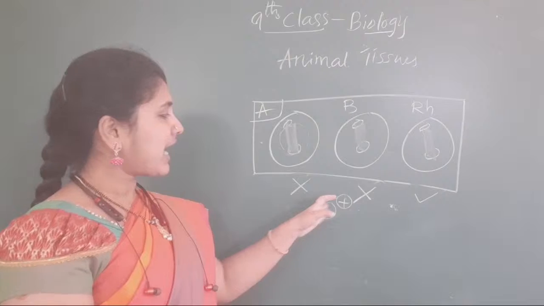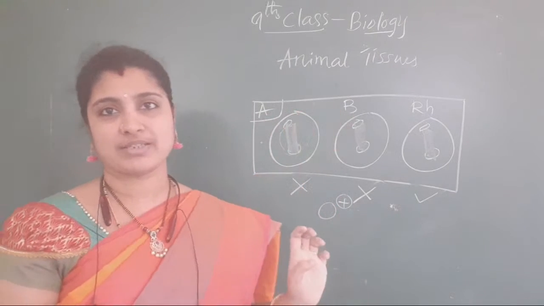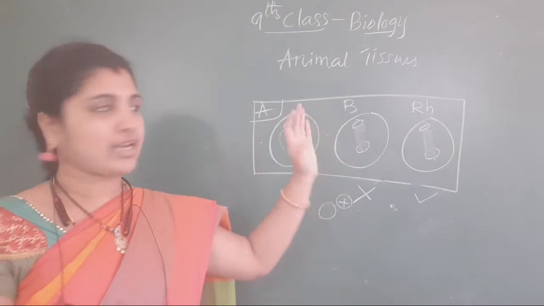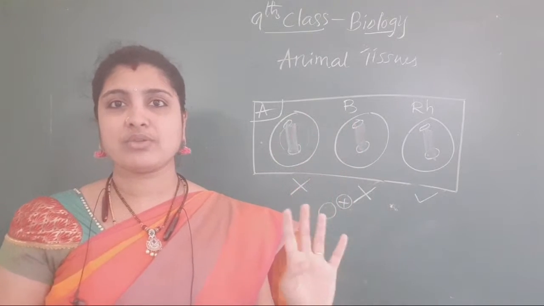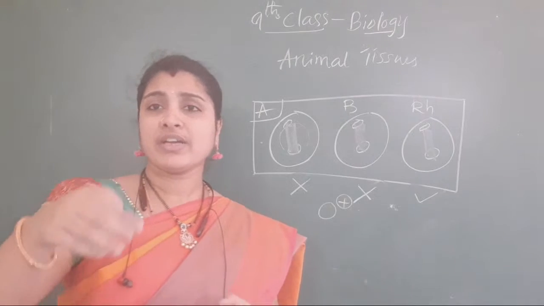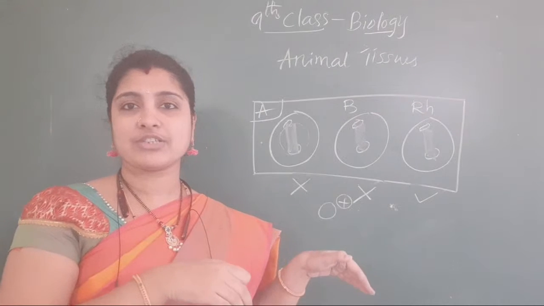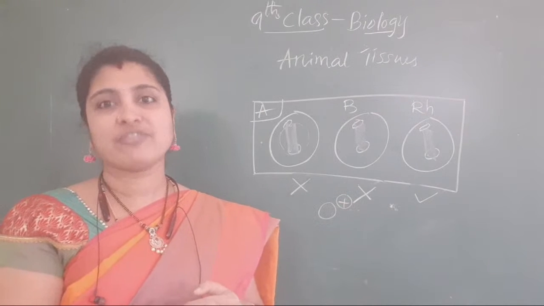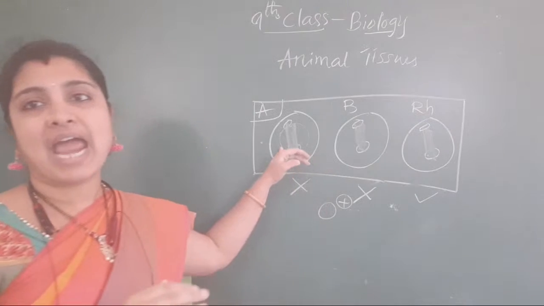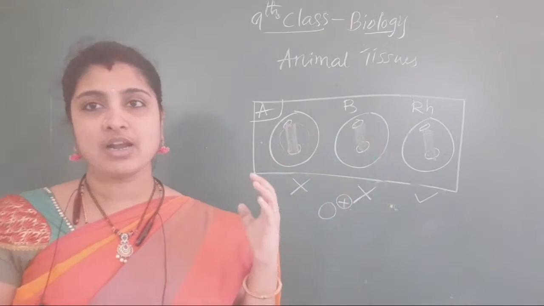Because it has nothing. In the O blood group, A factor is not present, B factor is not present. Nothing is there in the O group to fight against. So if we inject O blood group into any other, it won't fight because it does not have those fighting contents. That is why O blood groups are universal donors.